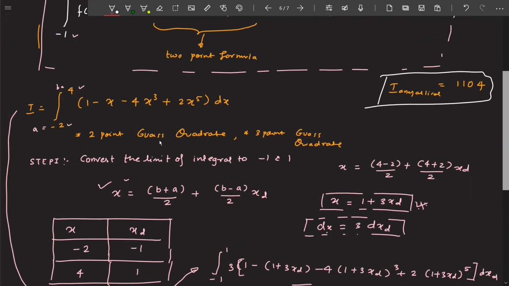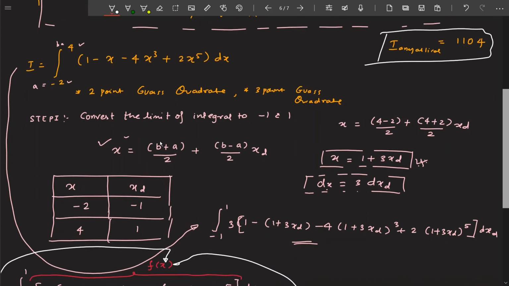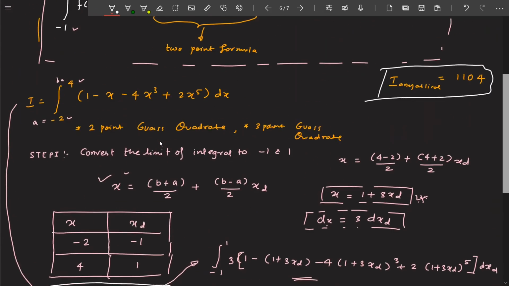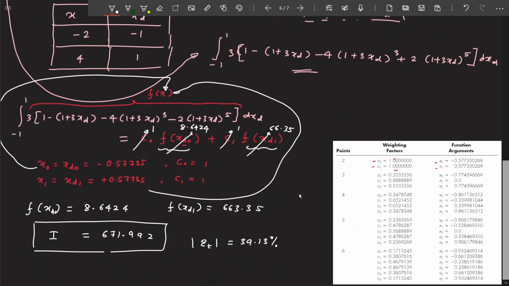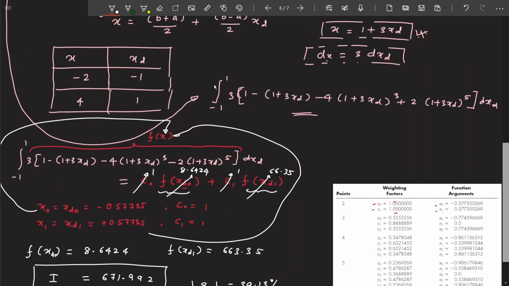Now the next thing I'm going to do is solve it using 3-point Gauss Quadrature. So I'll be using this weighing function, this weighing function, and this weighing function. Let me see if I have space here, or else I'll have to use a different page.